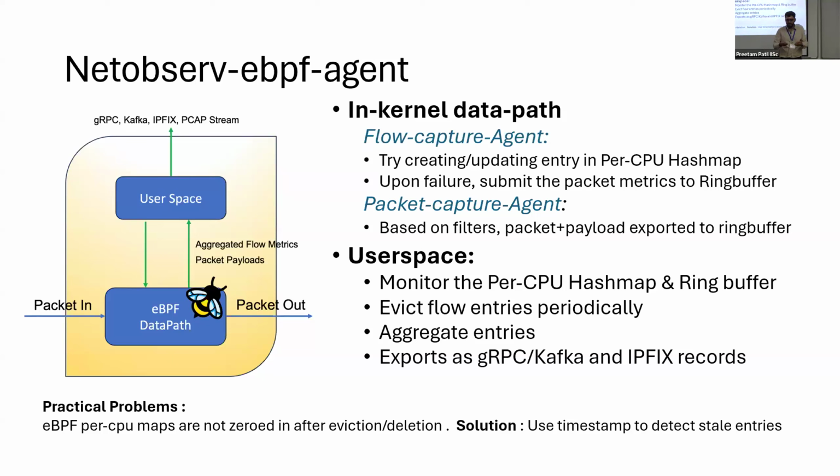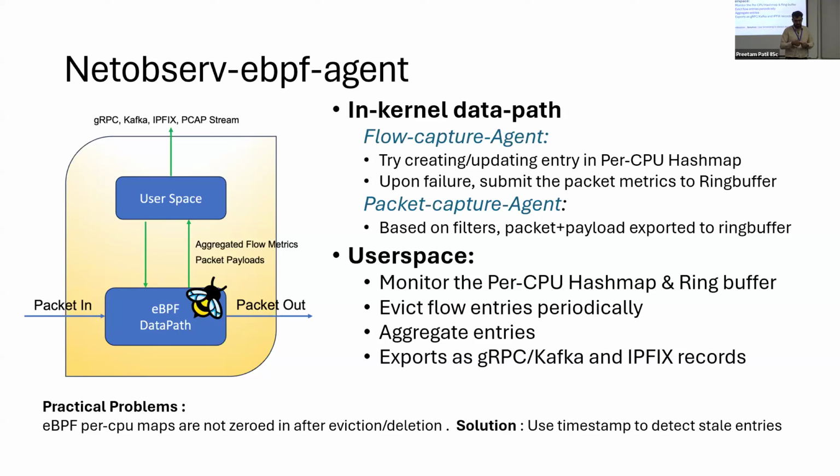It's very low level execution on top of the packet, and what it provides is flow level capture and even packet level capture for things like DNS monitoring and full packet export in case of specific use cases like DNS payload monitoring and other things.